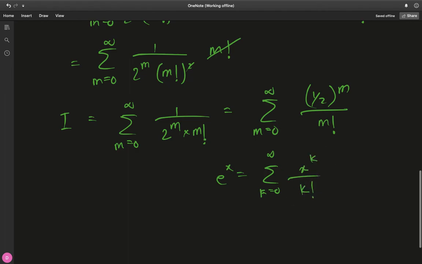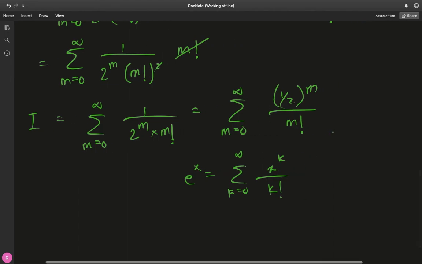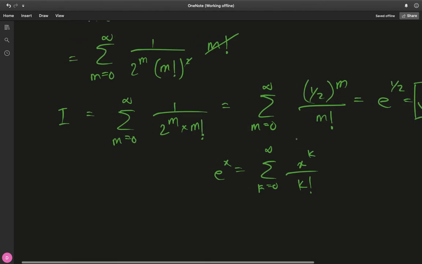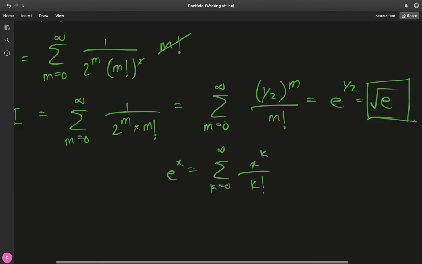We just have m replaced by k, and in place of x we have half. So all of this will just be e to the half power, or simply square root of e. So I, the monster expression, is entirely equal to square root of e. Isn't that a really, really nice result?